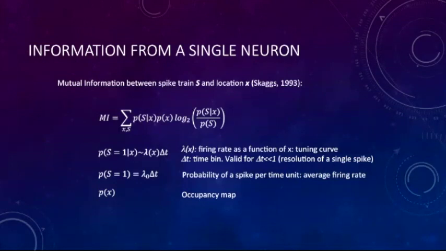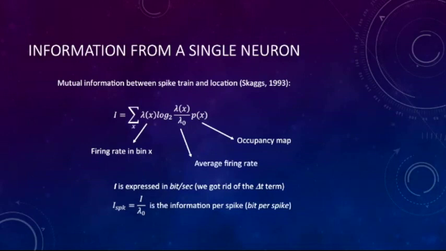And this will be directly related to the probability of emitting a spike. This is the definition of a Poisson process. The prior probability that the cell spikes overall is just the average firing rate of the neuron times the same interval. And here, this is just the occupancy map. What is the probability that the animal is in one location in the environment, all right? So you can rewrite it.